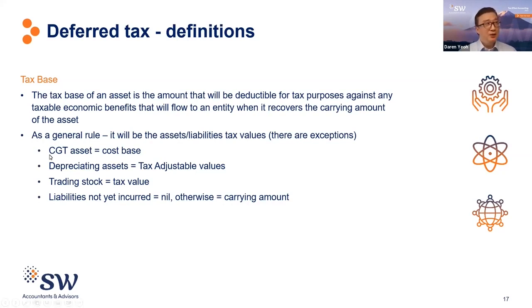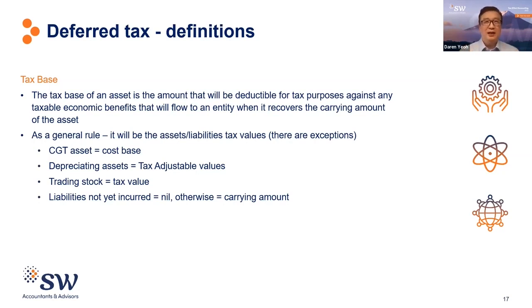Now, I'll come back to the tax base of a CGT asset because it depends on whether you are holding the asset for use, meaning you're using it to generate sales or services income, or holding the asset for sale. The two common areas that could give rise to errors: one is intangibles. Let's say you acquire trademarks, brand names, customer contracts or customer relationships.